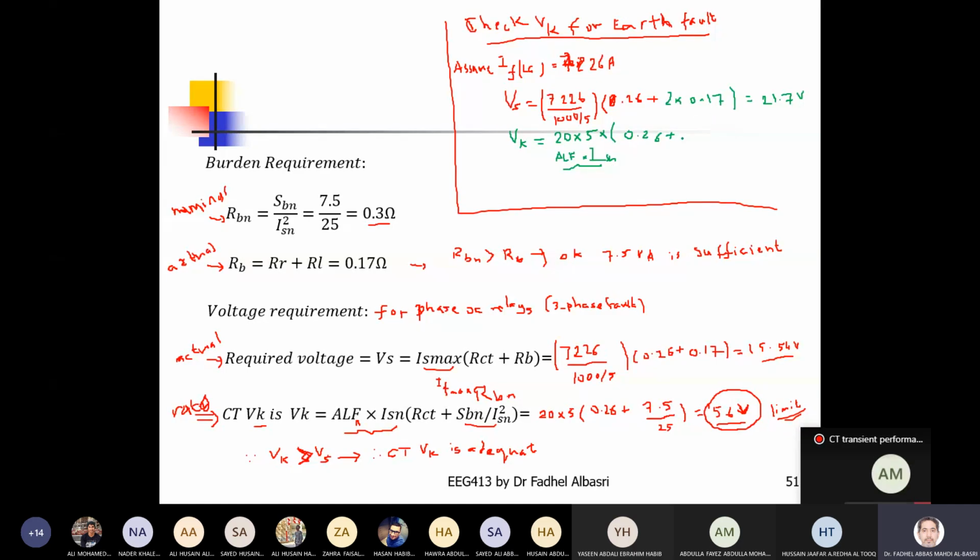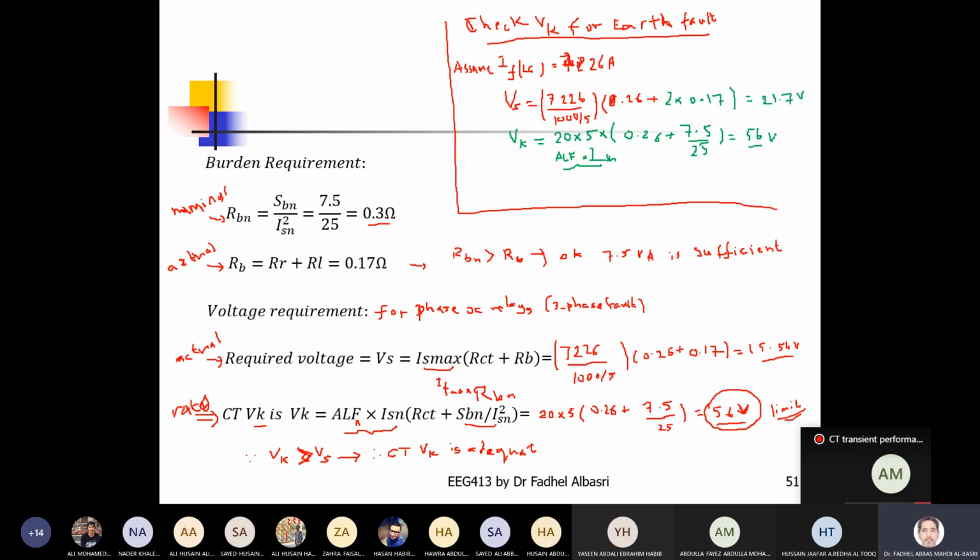Sorry, now the burden here should be the rated burden, which should be same as before, 7.5 over 25, which is also 56.